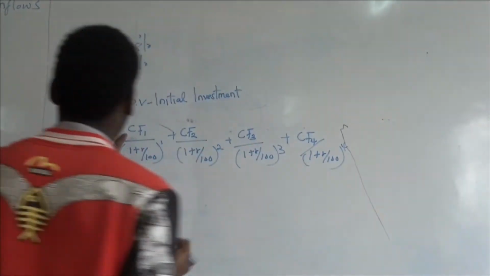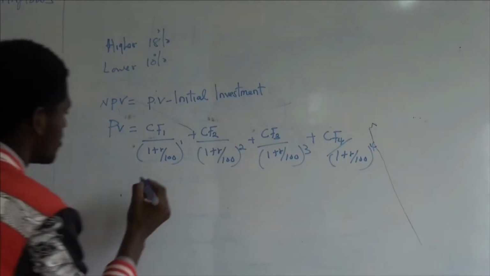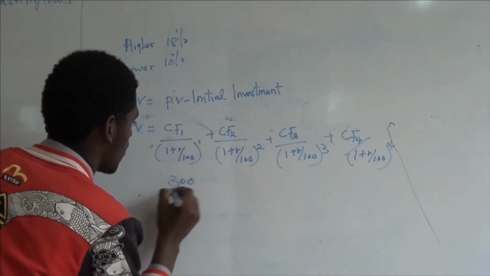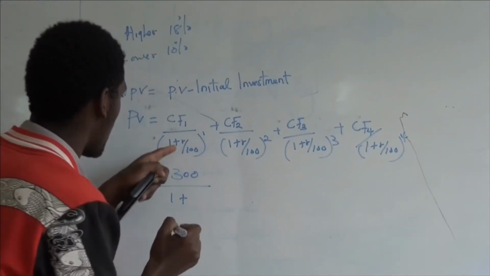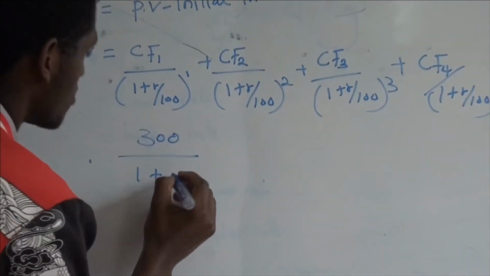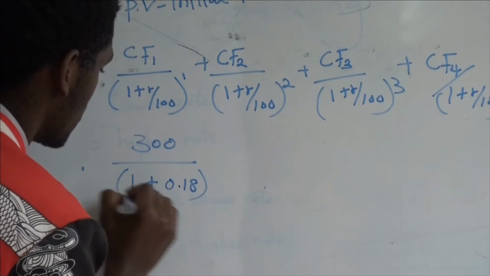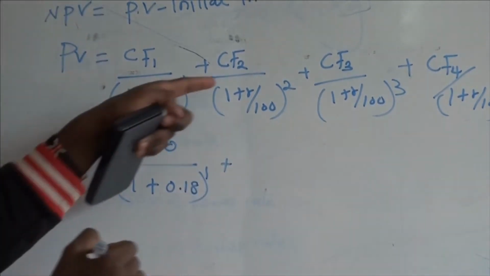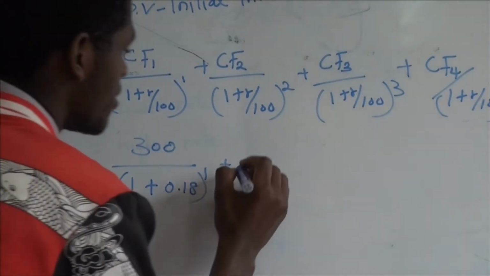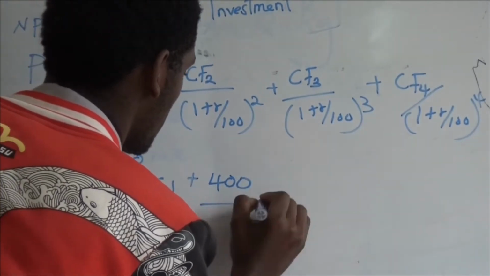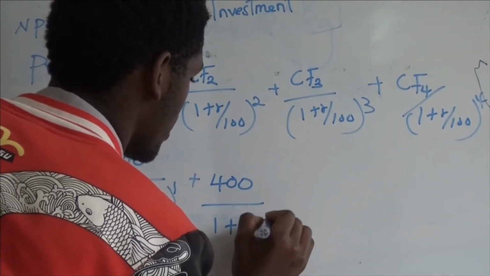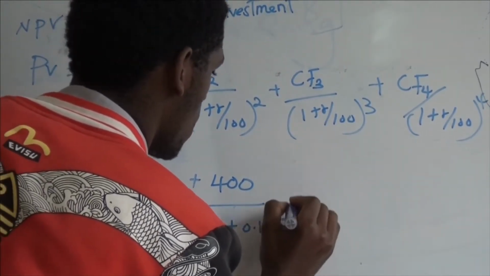So the first cash inflow of year 1 was 300, so it would be 300 over 1 plus our rate, 18%, which is 0.18, raised to power 1, plus the cash inflow of year 2, which is 400, divided by 1 plus 0.18 raised to power 2.